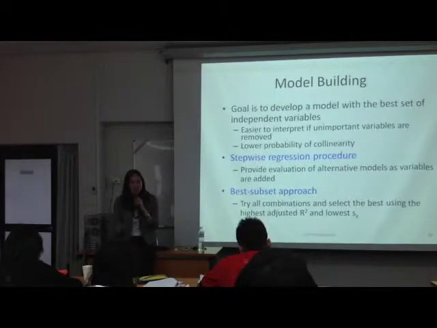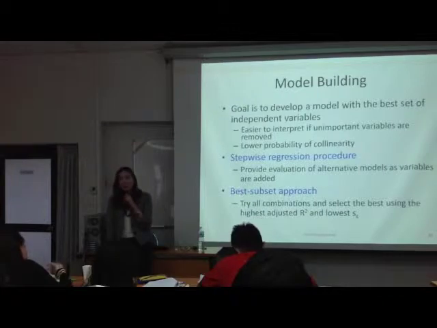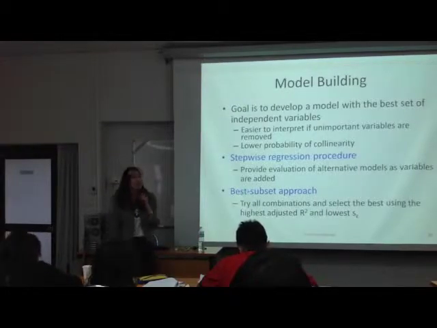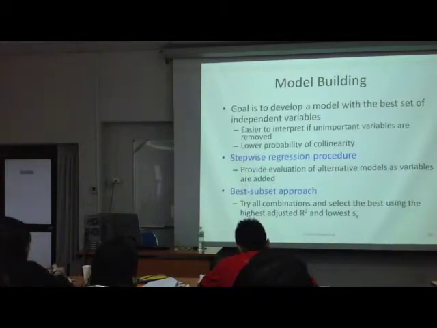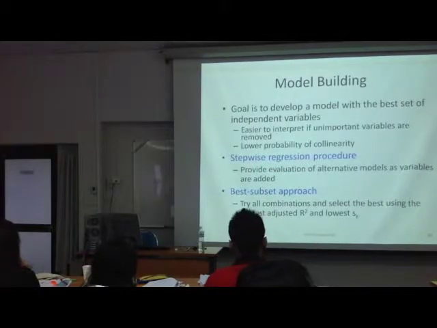Okay. For example, if you have 10 variables, but you would like to try the model with some smaller number. Suppose you have 3 variables, how many possible models can you have?